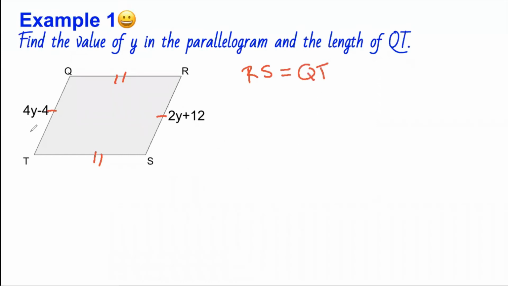All right, so we know that they represent expressions. Let's substitute the values so that we can do the first part, which is to solve for y. So here we have 2y plus 12 equals 4y minus 4. What do I do first? I have a multi-step equation here.